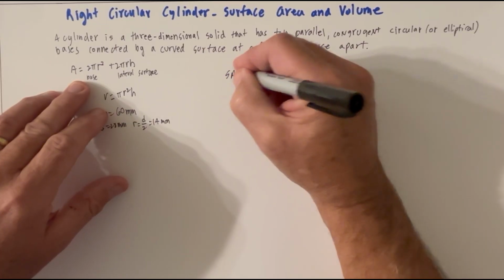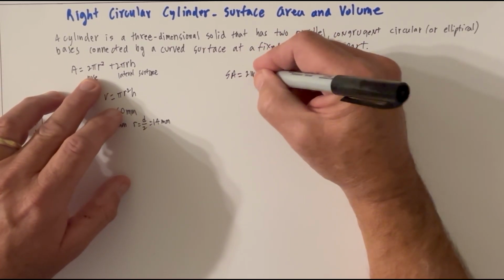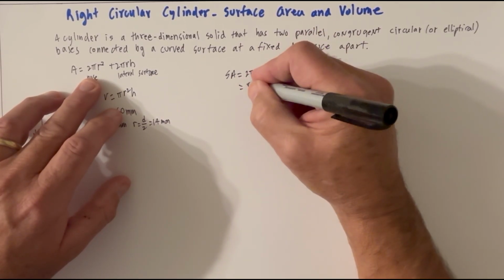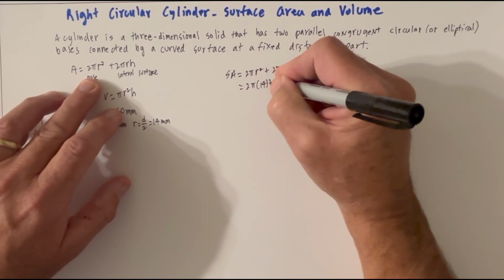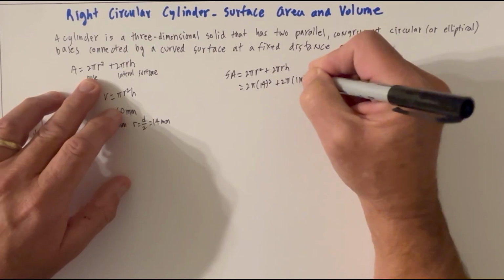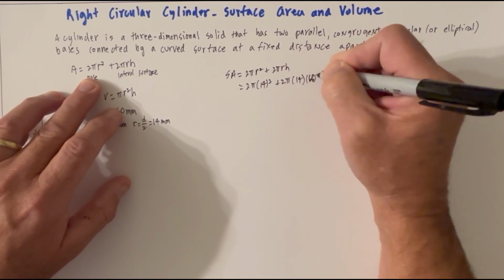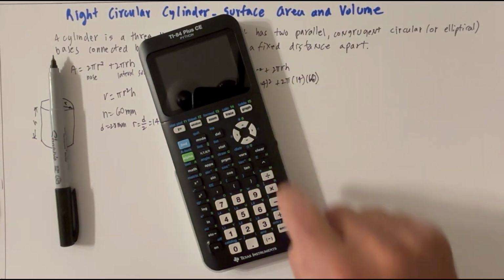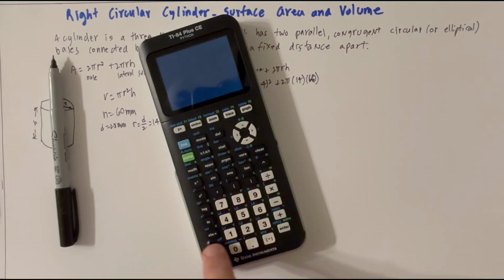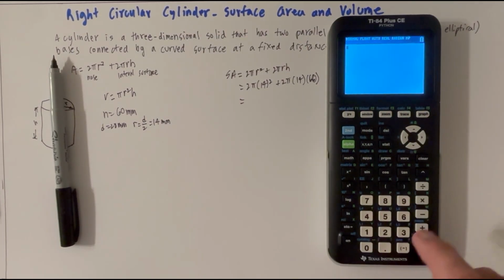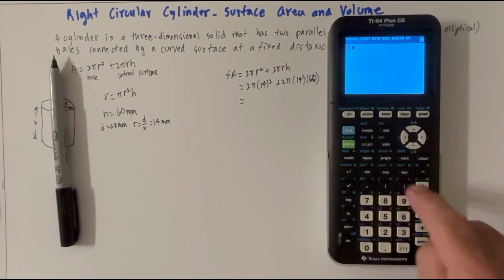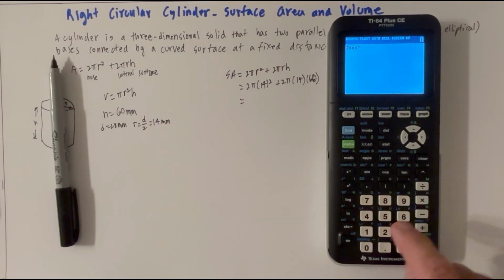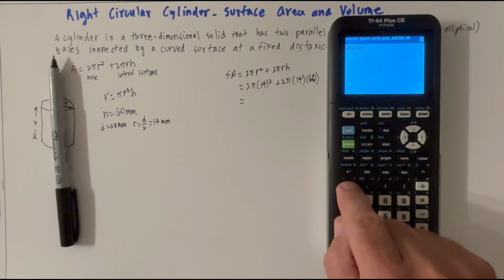So we know the surface area is 2 pi r squared plus 2 pi RH. So we've got 2 pi times 14 squared, plus 2 pi times 14 times 60. Let's use our calculator here to do that. Turn it on. So we've got 2 times pi times 14 squared.